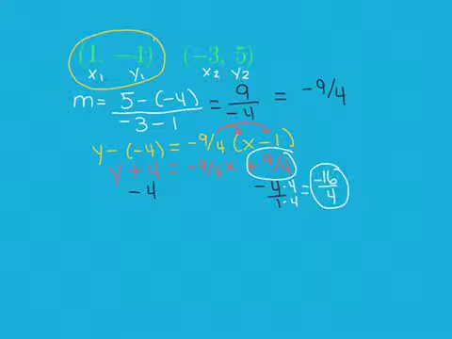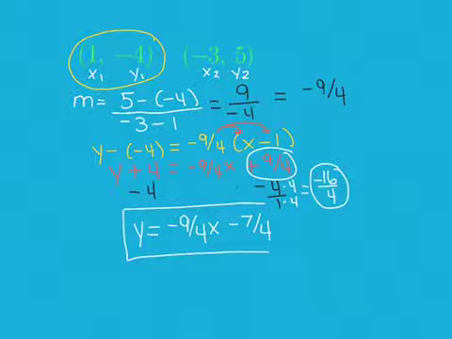So we'll end up with y is equal to negative 9/4 x, and again 9 minus 16 gives us negative 7/4. So our final answer here is y equals negative 9/4 x minus 7/4.